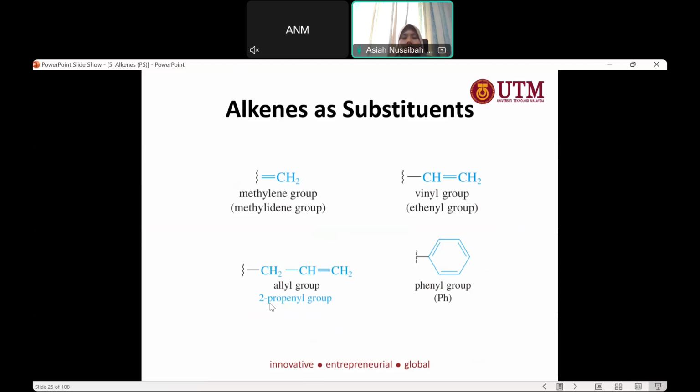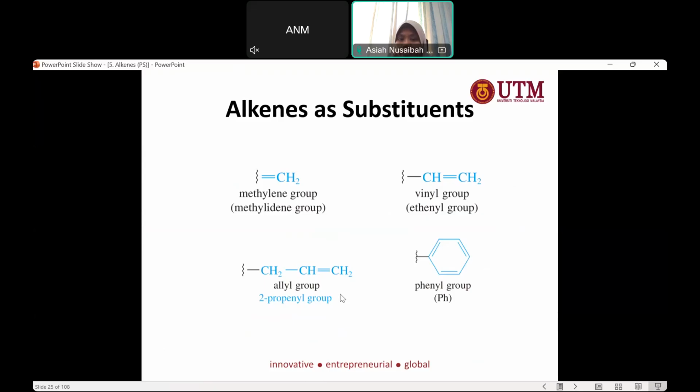At the bottom on the left we have 3 C, 1, 2, 3. So if we have 3 C with one double bond here, this group is called allyl group, or we call this 2-propenyl group. Why? Because prop, 3 carbon, 1, 2, 3. And then 2. Why is it 2? Why is it not 1?